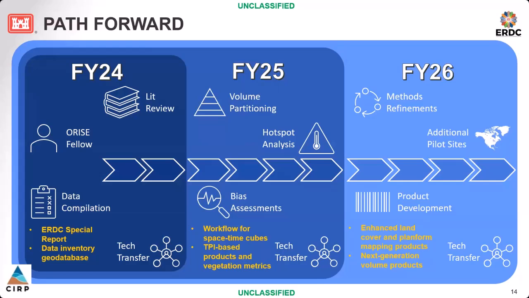And so those are kind of the three main forks for this R&D. And then, of course, FY26, we're perhaps getting very far ahead of ourselves, but ideally, based on work we do in FY25 and feedback received from the field and other researchers, hopefully we'll be able to refine any methods that we develop in FY25 and be able to work towards workflows that the field could either work themselves or products that would have meaning and be useful for the field.